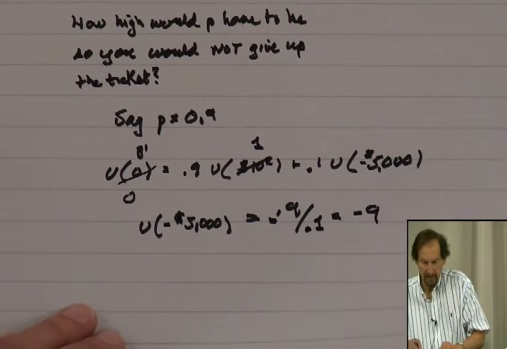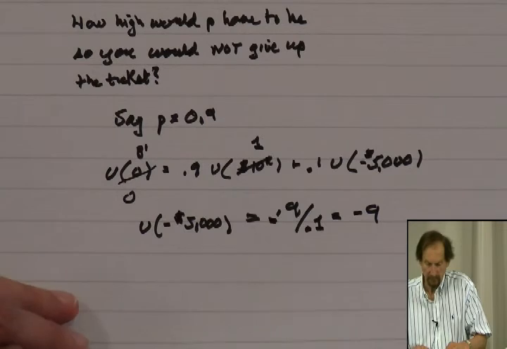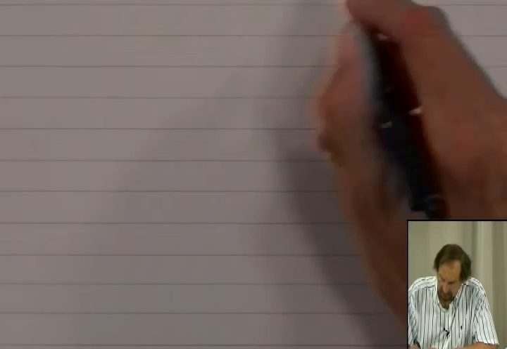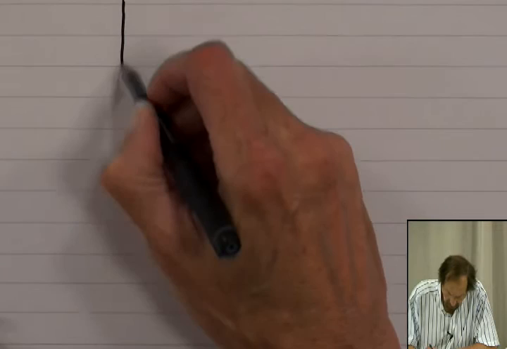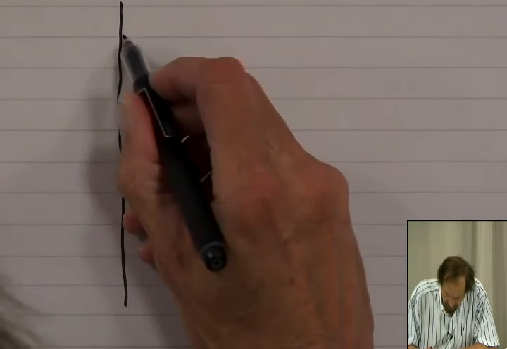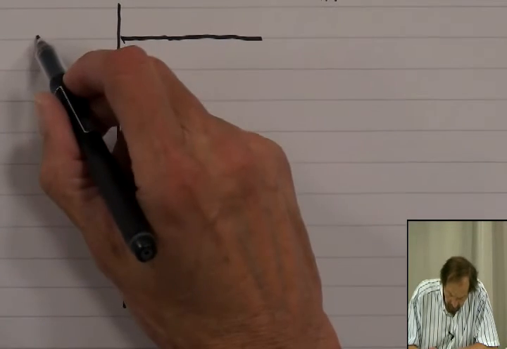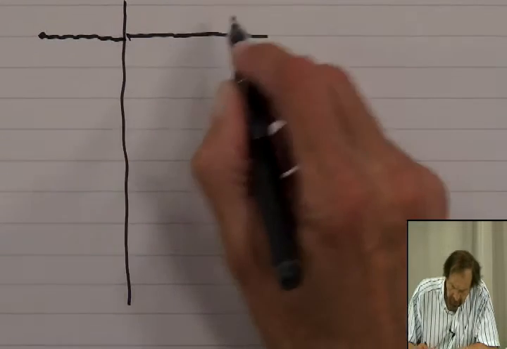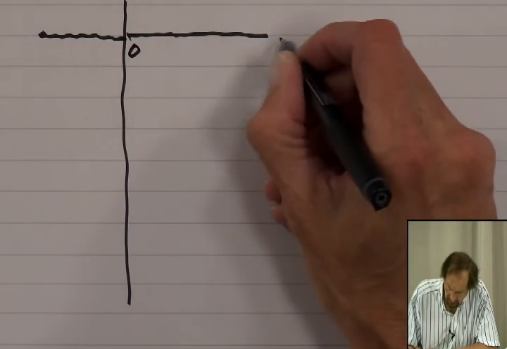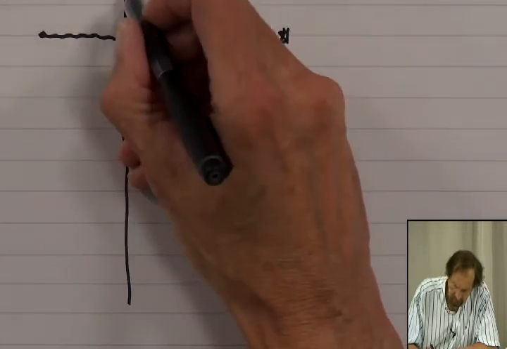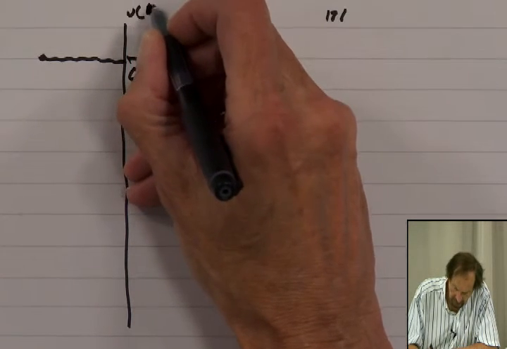So what we see on the negative side, if we plot this on the negative side, we get something like the following. This is $0, U of dollars.